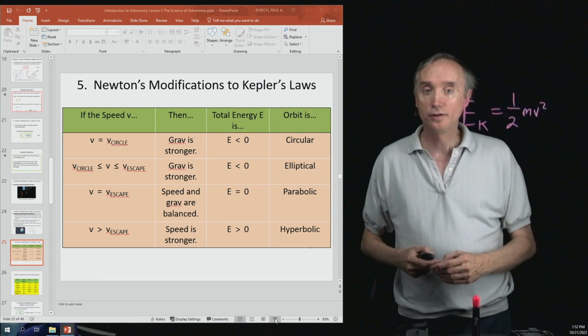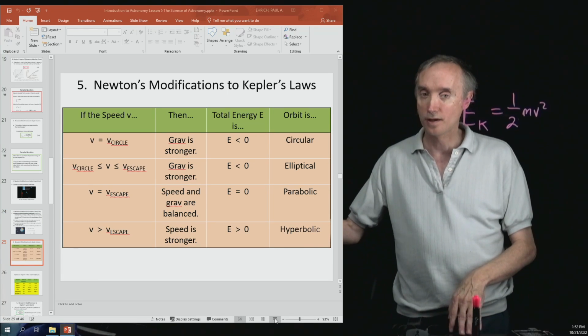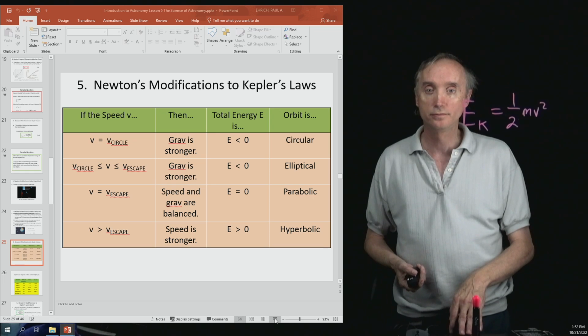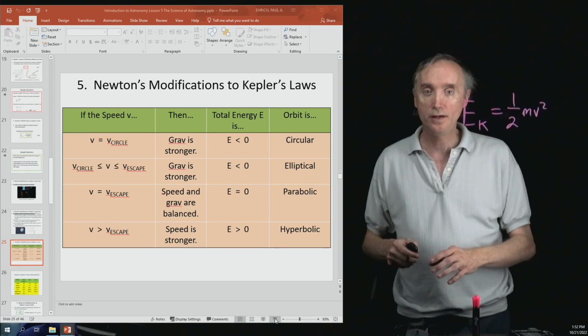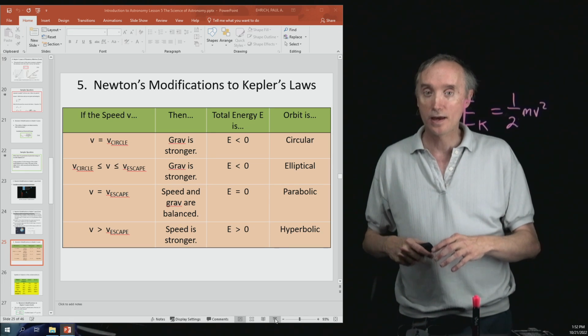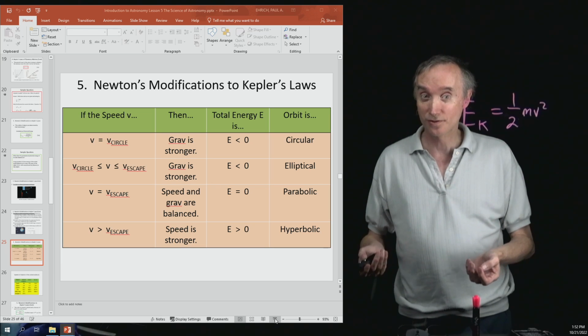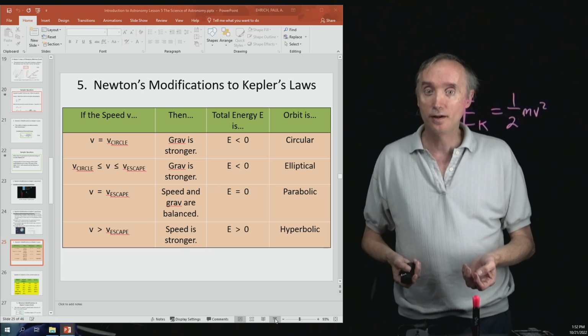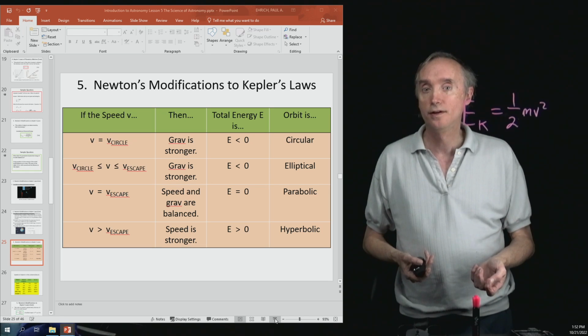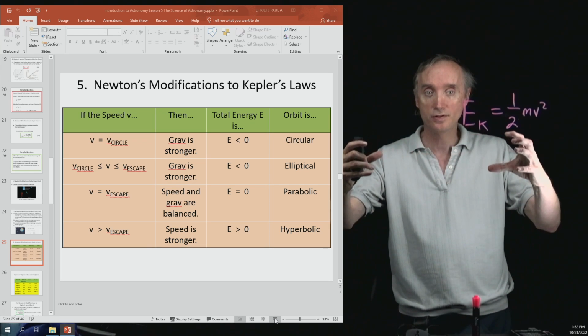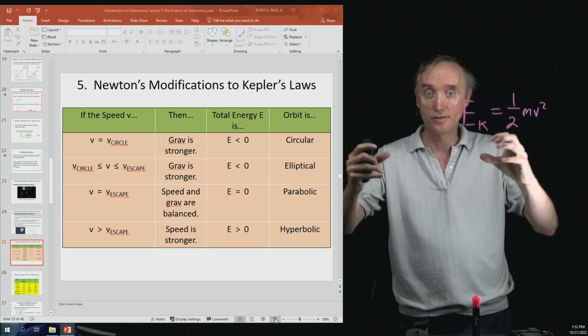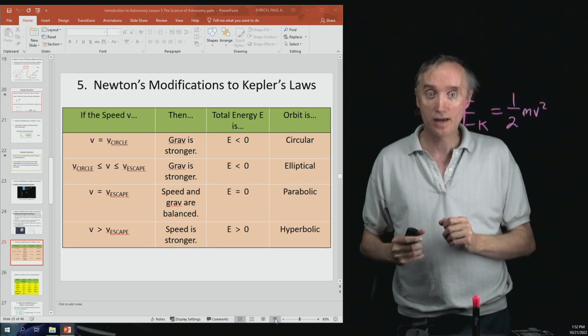This slide again summarizes what we just said. If the speed is equal to a certain speed called the circular speed, it goes in a circle. If it goes faster, that circle stretches into an ellipse, but it's still bound. It can't escape.